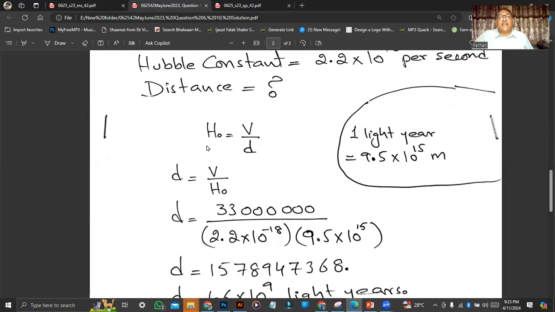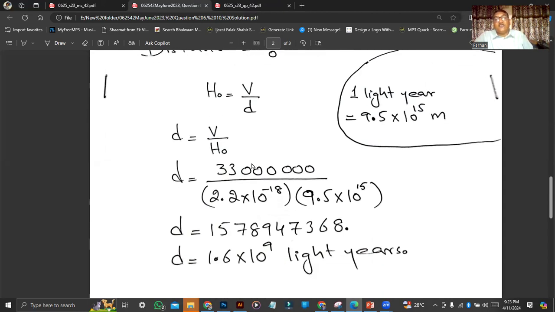And because you want the distance in light years, remember, in 1 light year there are 9.5 × 10^15 meters. That is equal to 1 light year. 1 light year means the distance traveled by light in 1 year.